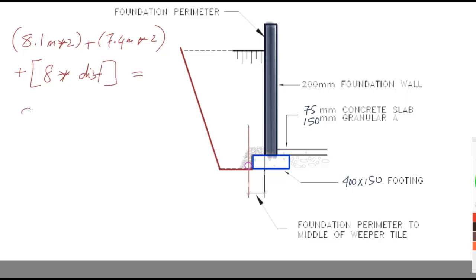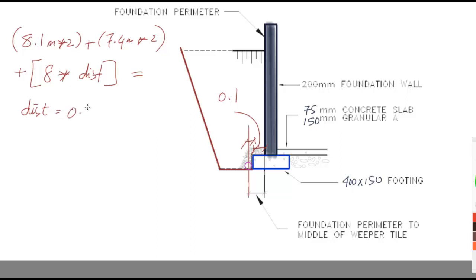Now the distance calculation is equal to the projection, which in this case is 0.1, plus half of the diameter of the weeper tile.